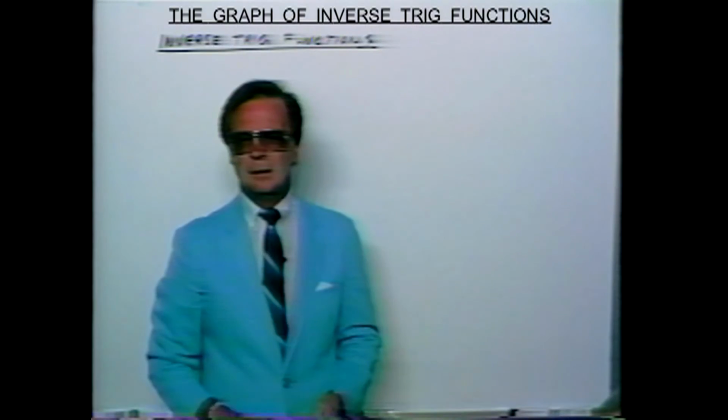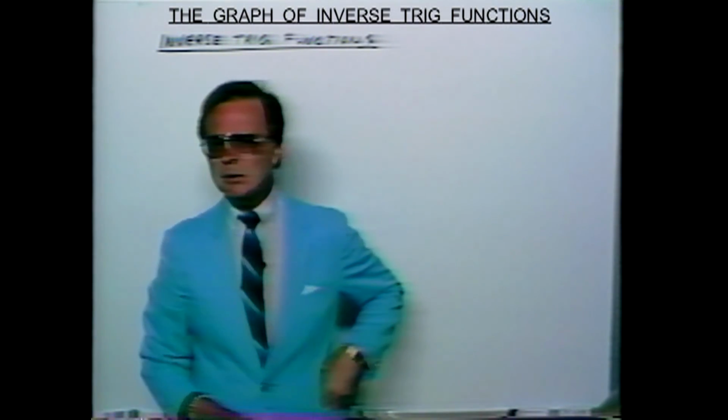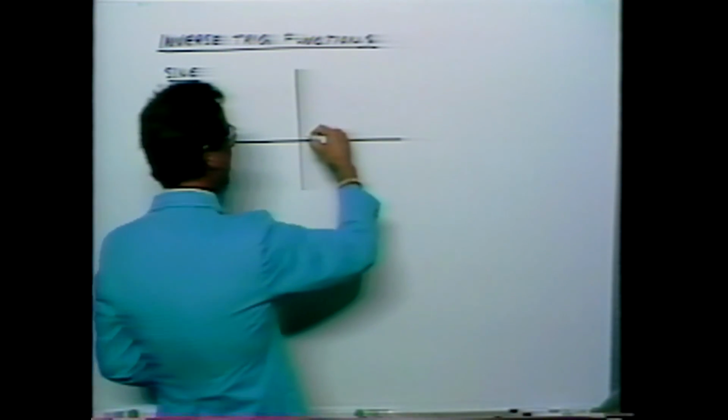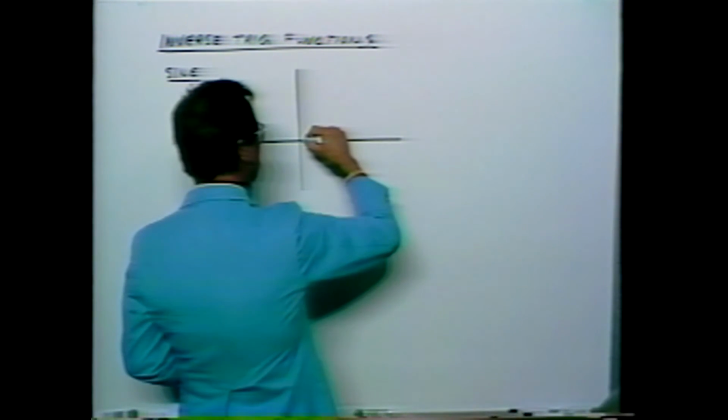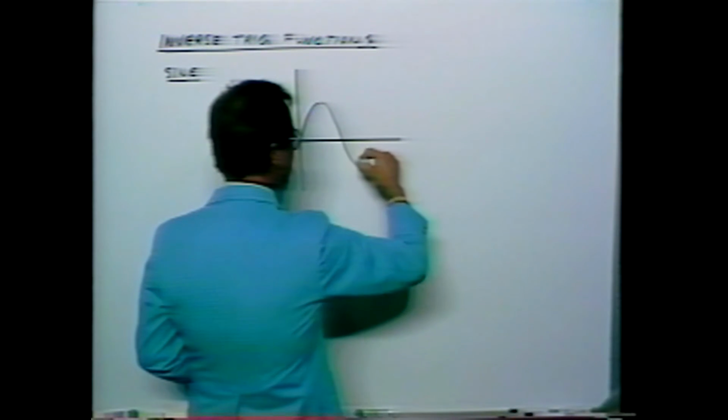This allows you to find the measure of the angle when you're given the ratio that that function equals. We'll now draw the graph of the inverse sine, cosine, and tangent functions. The sine curve is sinusoidal, and it goes up and down in this fashion.